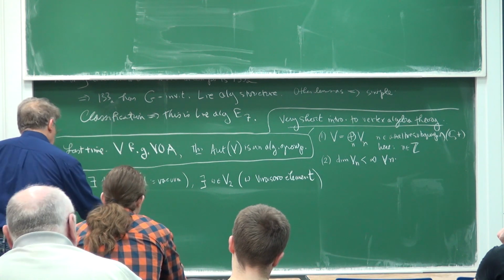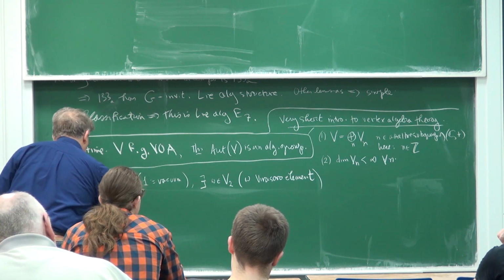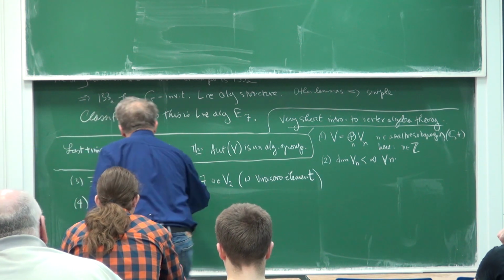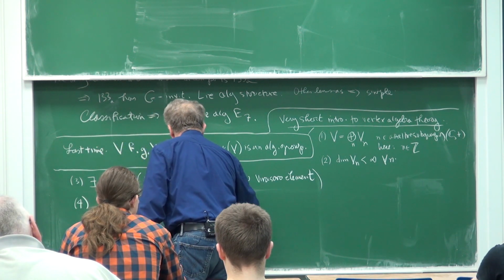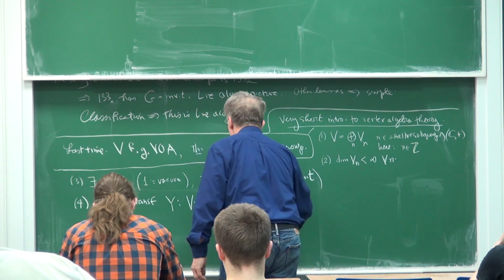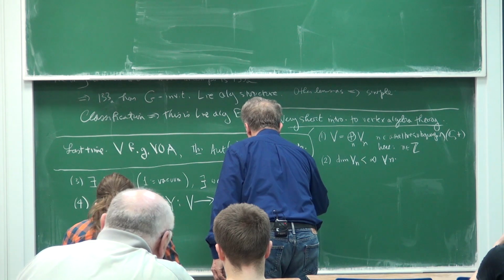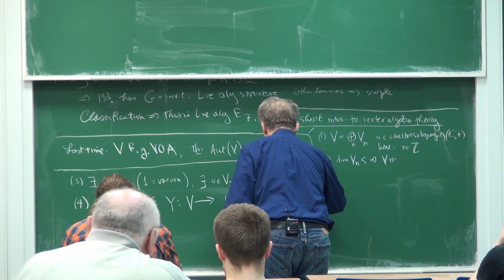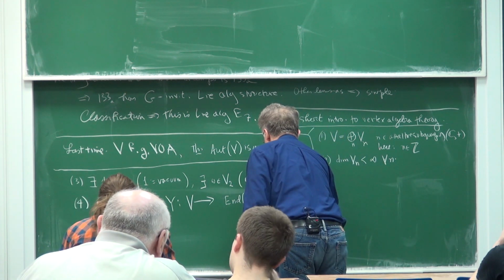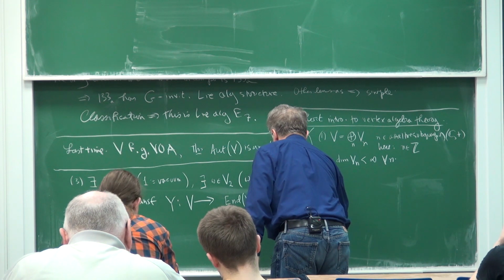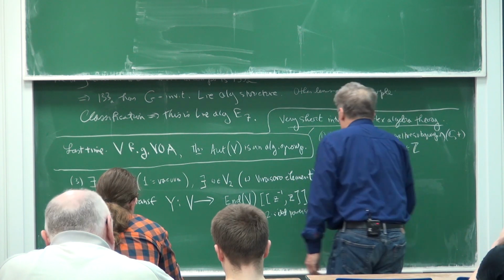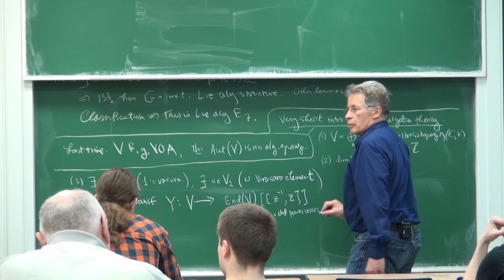I should have done this in a different order. Okay, there exists a linear transformation Y from V to the following algebra. This would be a two-sided power series. What is a two-sided power series?